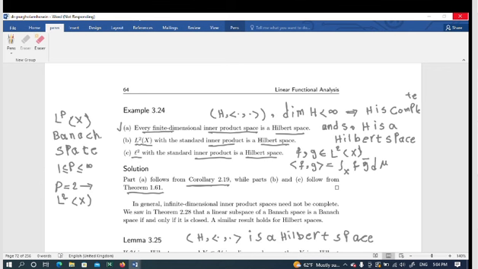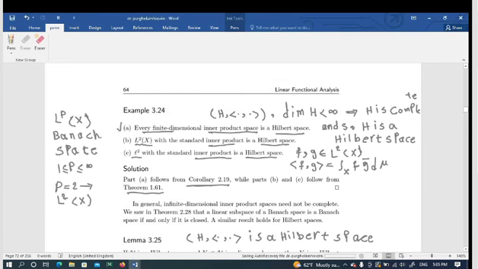This is also an inner product space, and it is complete with respect to the norm induced by the inner product. So this is also a Hilbert space. So there are three examples of Hilbert spaces.